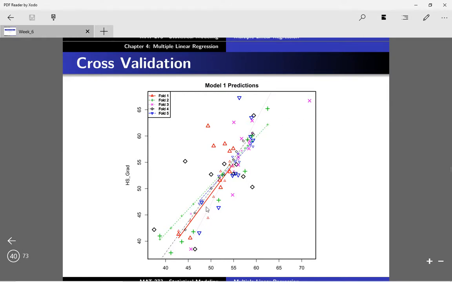And here what we can see is on the x-axis the predicted values for the test set, and on the y-axis the actual observed values for the test set. Ideally we'd want to be able to perfectly predict the test set. So we'd want a line right through the origin where we predict 45 and the actual value is 45, stuff like that.